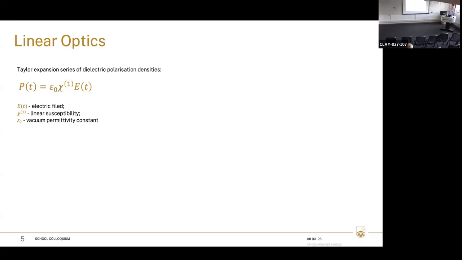In the linear case, the material polarization linearly depends on the external electrical field, meaning that the electrons of the media oscillate with the frequency of the excitation wavelengths.